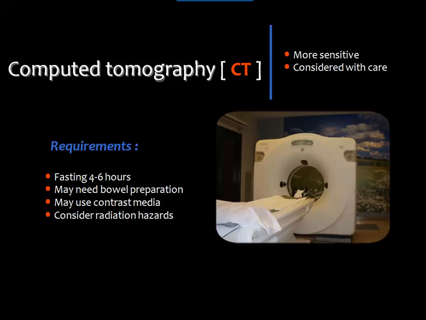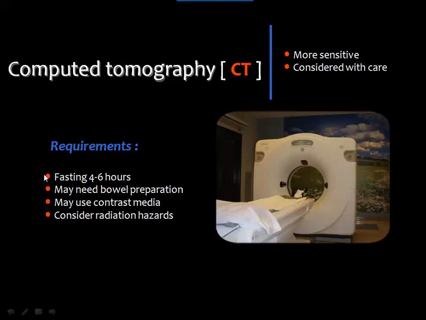Then we came to the CT, which has a major role in evaluation of the urinary tract as well. But CT should be considered with care because of the ionizing radiation and the frequent need for injection of the patient with contrast media.